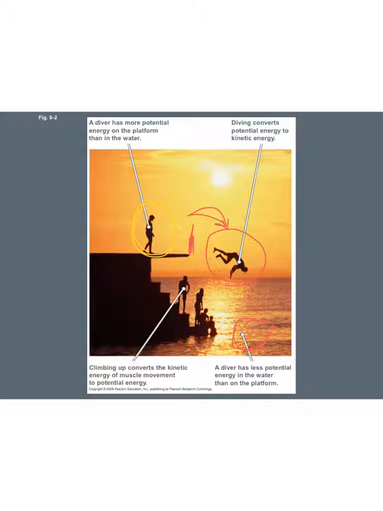As he climbs up the steps to do it again, he is converting the kinetic energy of his muscle movement to potential energy. As he's climbing, he's using that kinetic energy to climb, but it's becoming more and more potential as he gets to the top of the platform, because at the top he's got all that potential energy stored up based on his location.